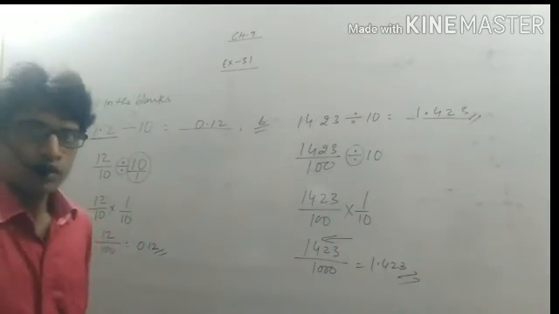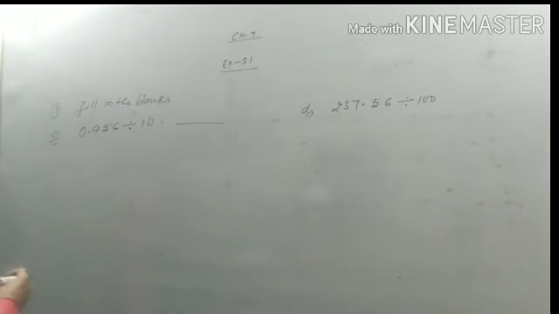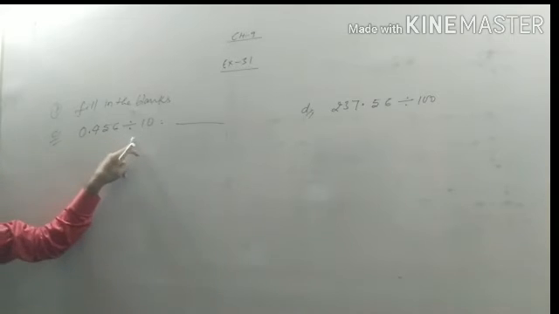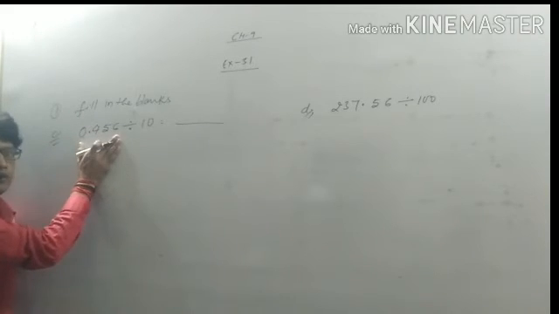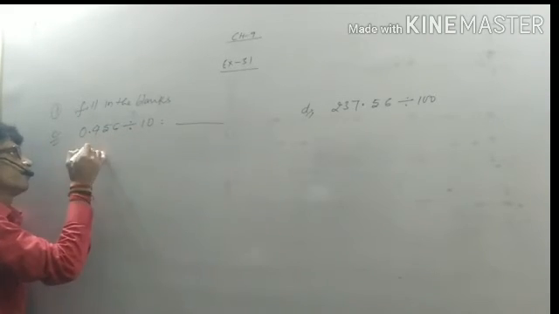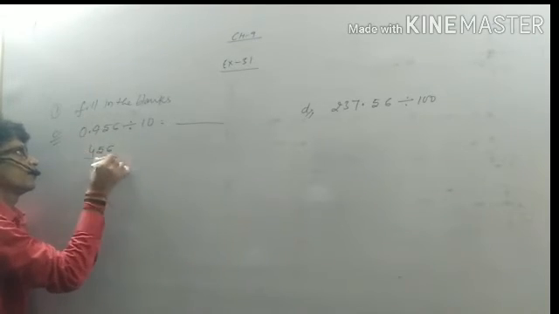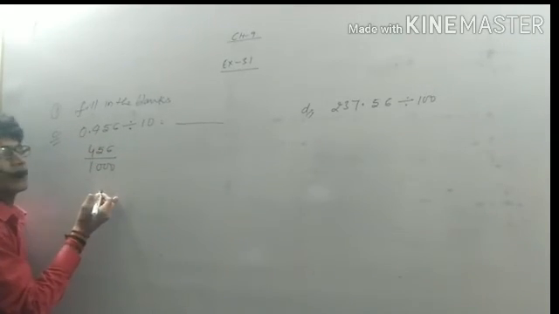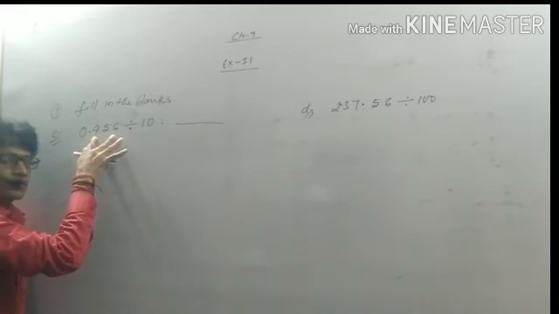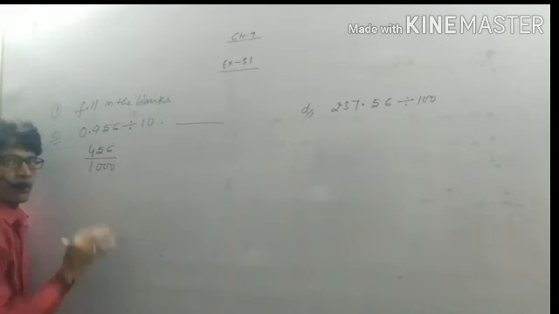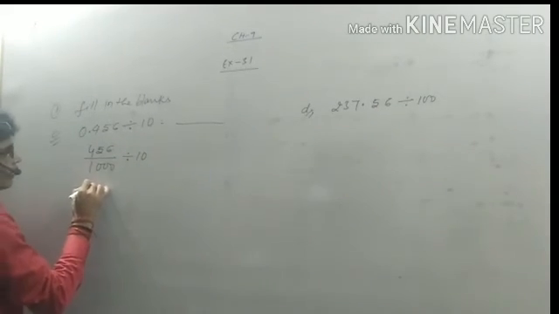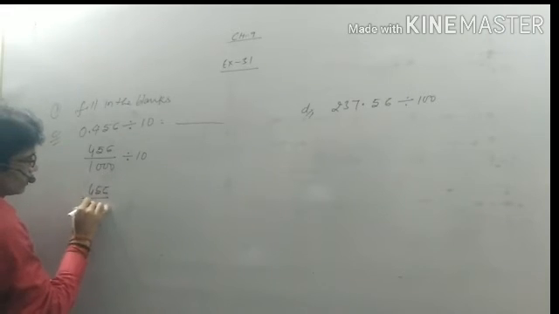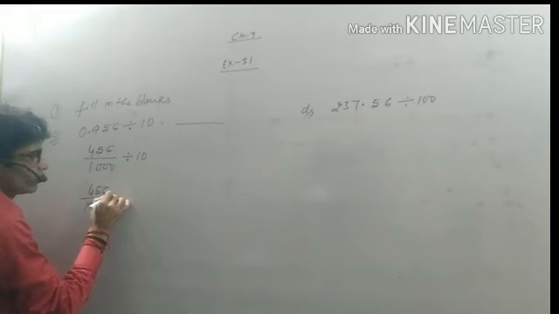Okay, so next question, question C: 0.456 divided by 10. First of all, change the decimal fraction into a fractional number. We can write 456 upon 1000, because there are 3 places of decimal, so put 3 zeros after 1. Divided by 10. Now we write 456 upon 1000 and change the division sign into multiplication sign.